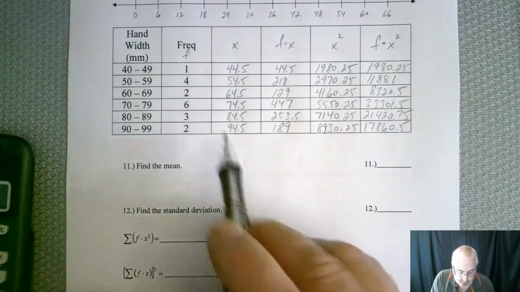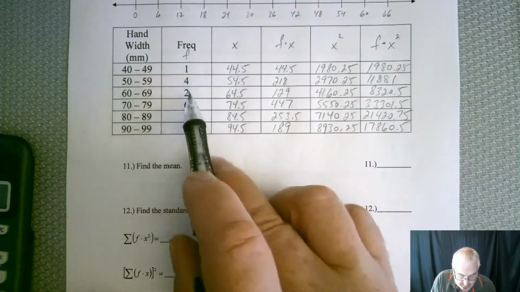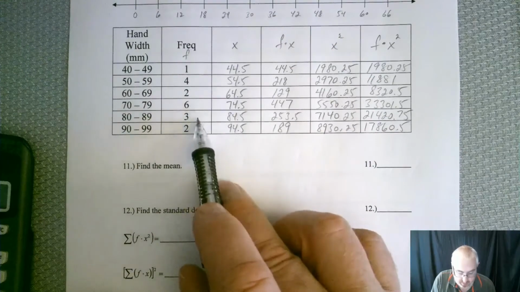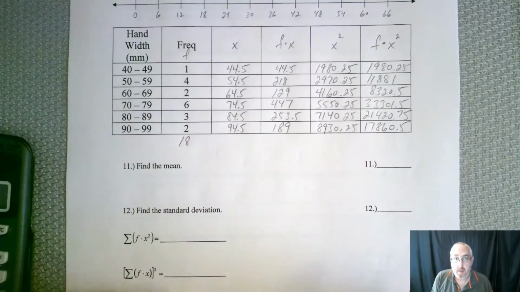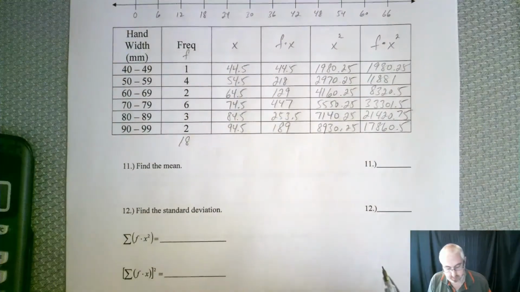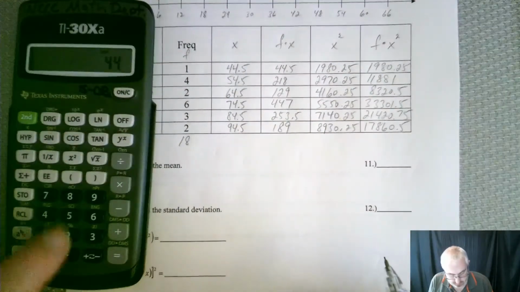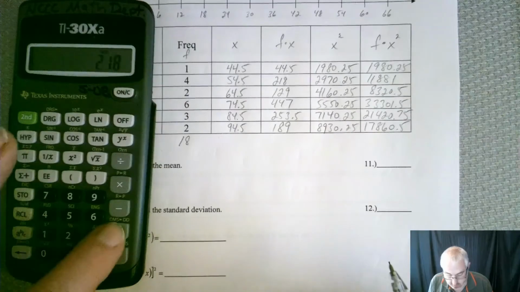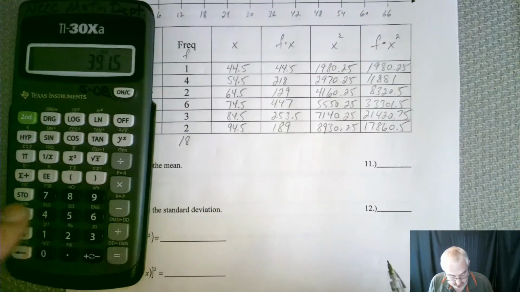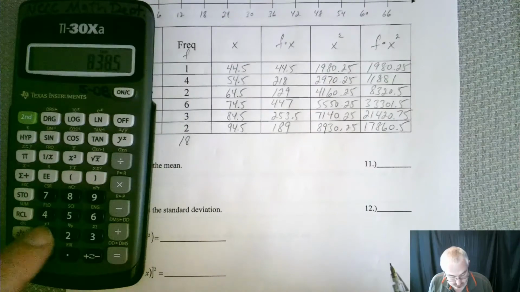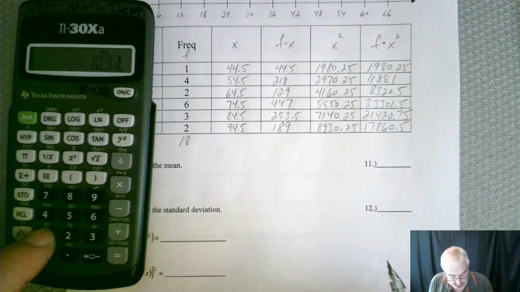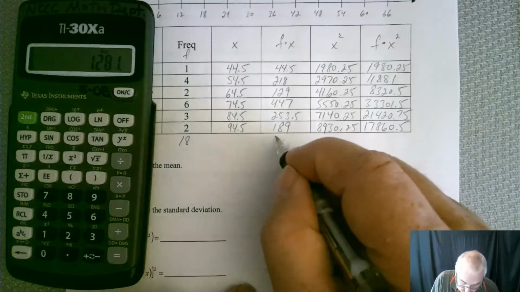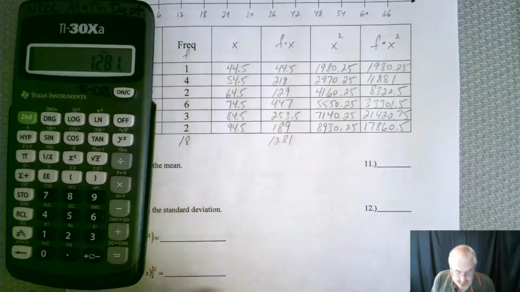So let's add up all of this. So it looks like we got 5 and 8 is 13, 14, 15, 16, 17, 18. So we got 18 numbers here. So that's how many data values we're actually dealing with. We got to add up this column. So let's do that. 44.5 plus 218 plus 129 plus 447 plus 253.5 plus 189 equals 1281.